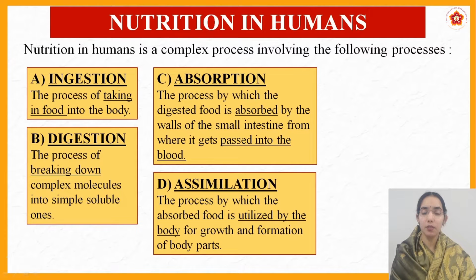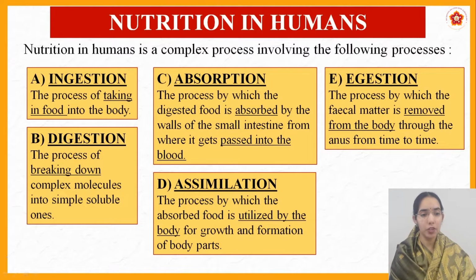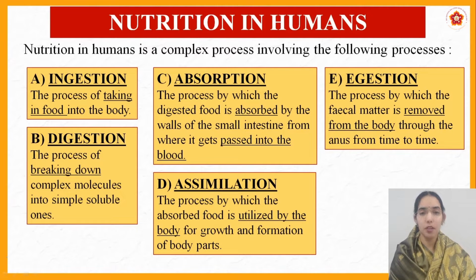And what happens to the leftover substances? They are egested. The process by which the fecal matter is removed from the body through the anus from time to time is known as egestion.